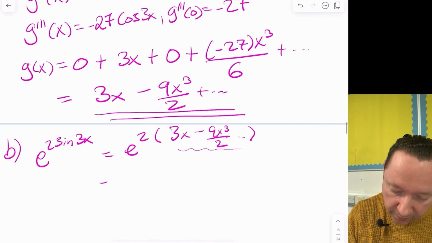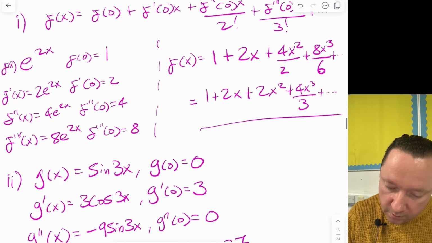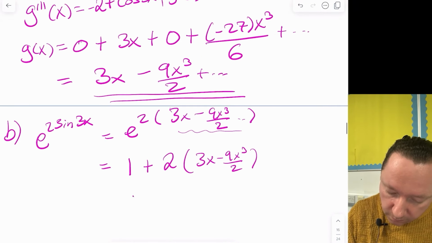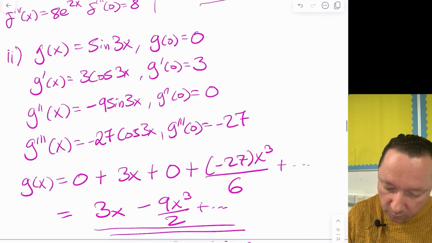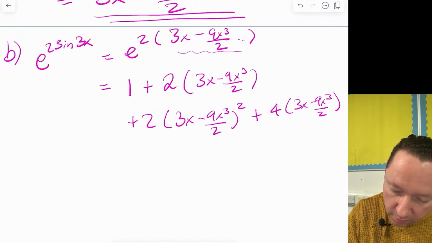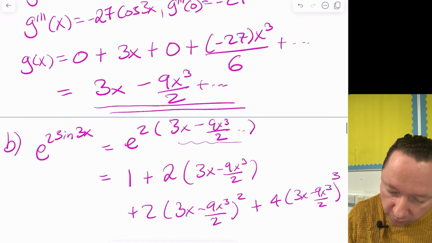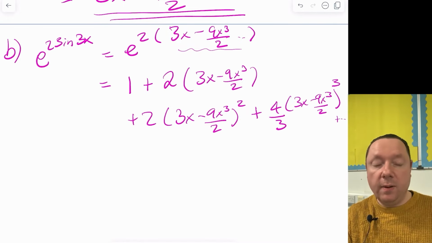So that gives me 1 plus 2x, but this is now my x, so 3x minus 9x cubed over 2, plus 2x squared, 3x minus 9x cubed over 2 squared, and 4x cubed over 3, 3x minus 9x cubed over 2 to the 3, and it's over 4 over 3, isn't it? 4 thirds. So then we just try and expand and simplify that.